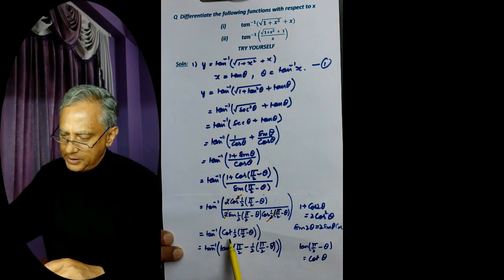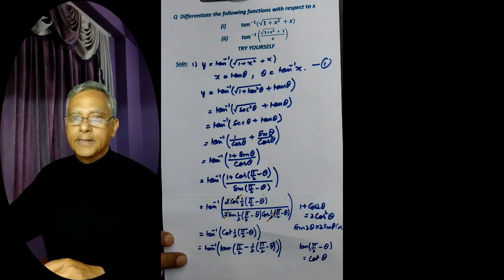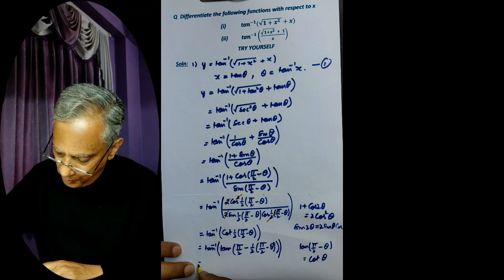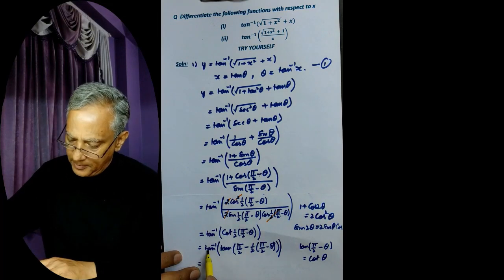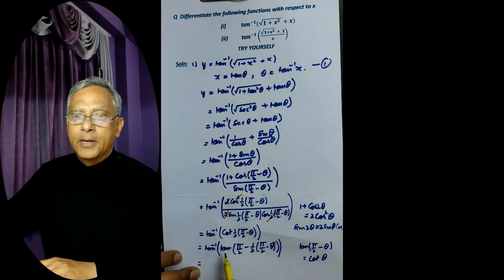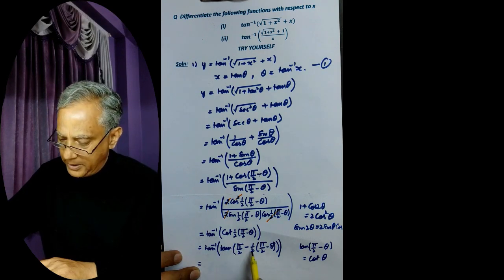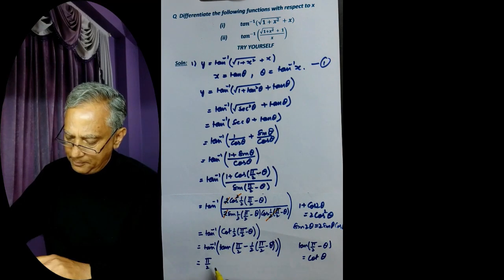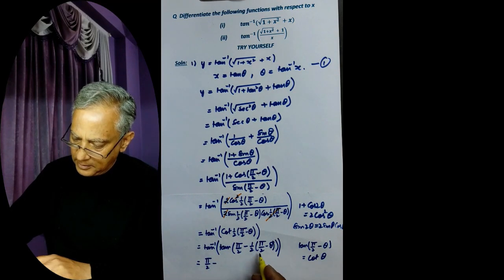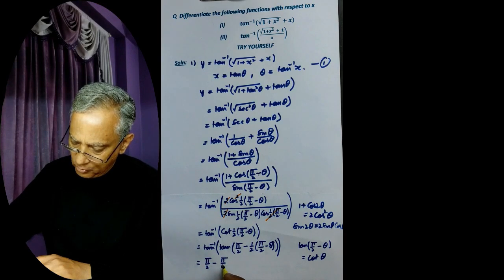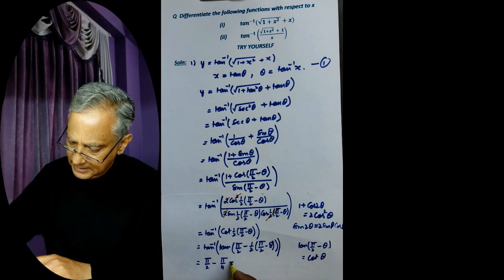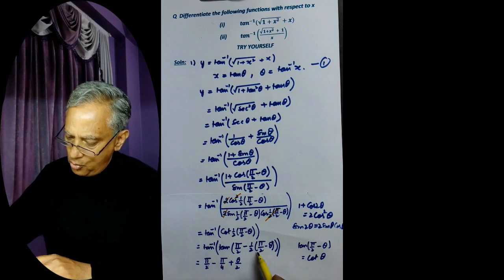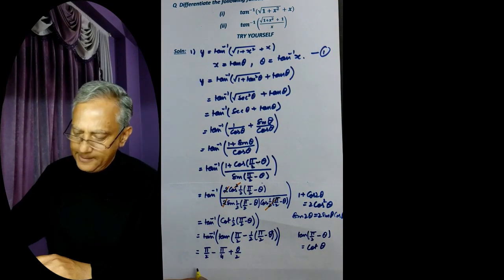So we can write this cotangent as tangent of pi by 2 minus this angle. Now tan inverse and tan become identity function. So this will be equal to pi by 2 minus this. Now open this bracket, we have pi by 2 minus pi by 4 plus theta by 2.